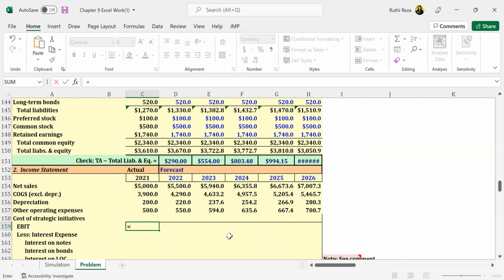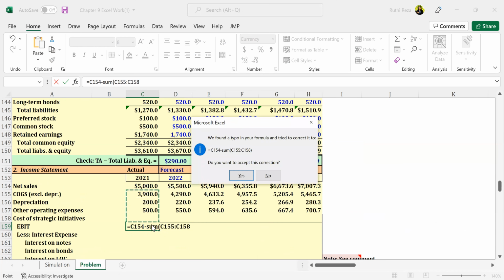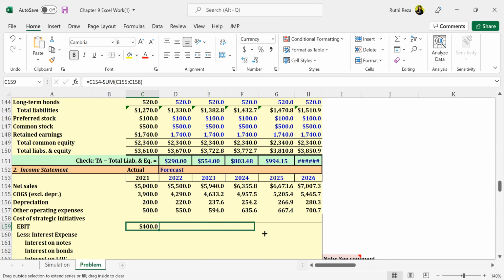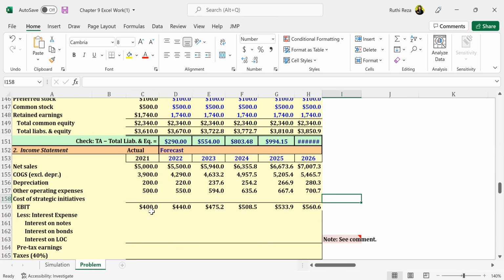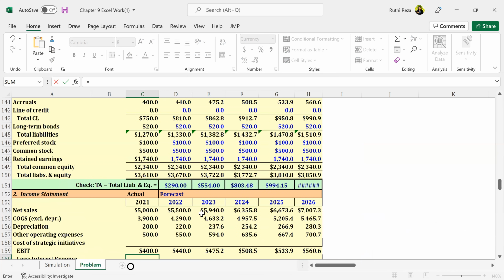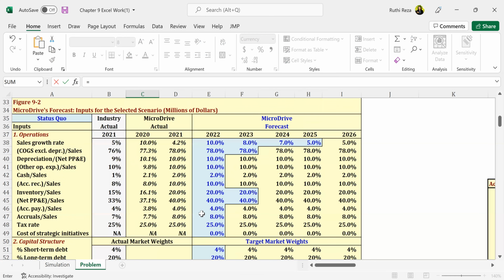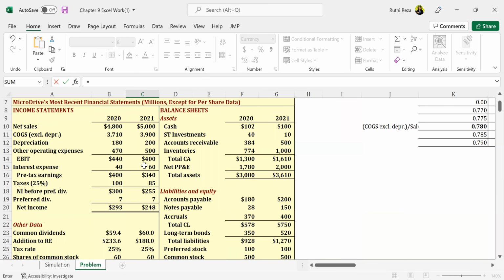The EBIT, it is net sales minus total operating expenses. Then interest expense, non-operating items. So let us copy it from the most recent financial statement.